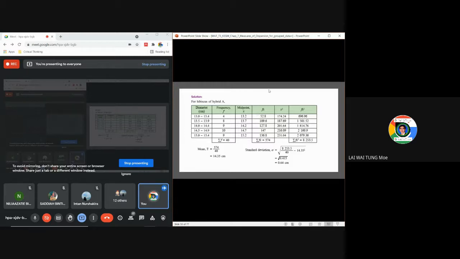But in the exam, if the question asks, you have to draw this frequency table. But if the question didn't ask, it's also preferable to draw this table, to show your work.